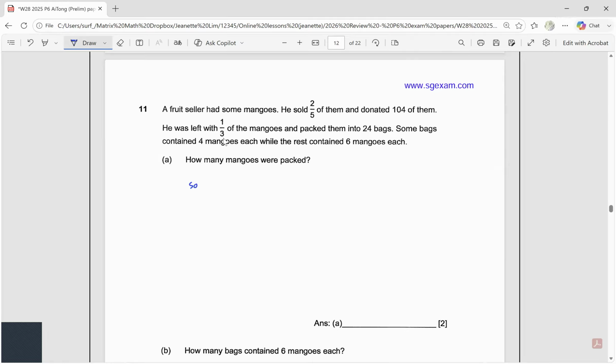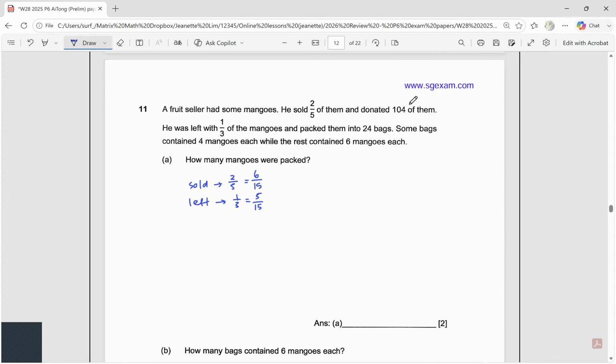Sold is 2/5. Left is 1/3. So same denominator, this is 6 over 15, this is 5 over 15. So if he sold 6 units, left 5 units, right?